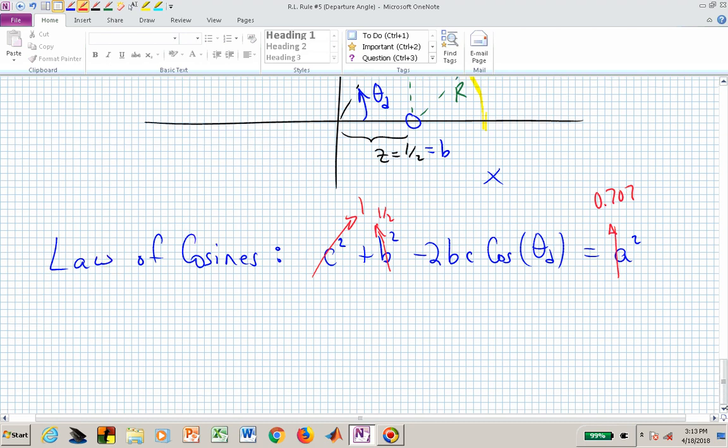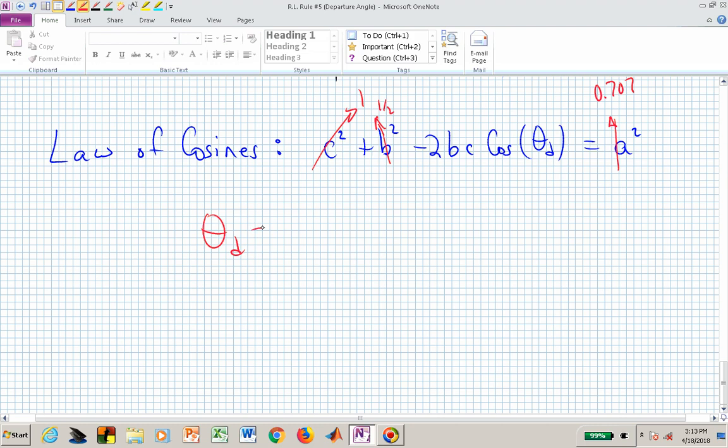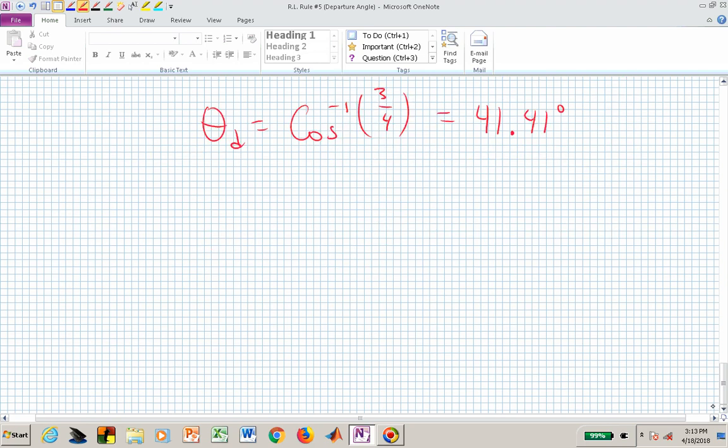Plugging in all of those numbers and solving for theta sub d, we can compute theta sub d as the inverse cosine of 3 over 4, which ends up being 41.41 degrees. And now we have that this z cloud, or the point where we just enter into the unit circle on our root locus, is r e to the j theta sub d.